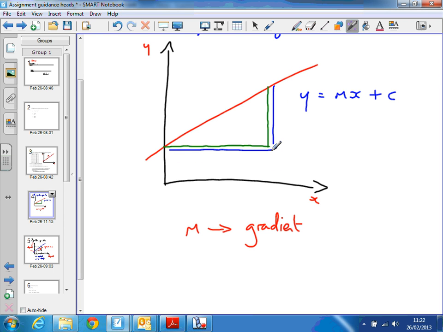They're all similar triangles. So you just pick two convenient points on the line and put in a triangle like this. And the gradient, m, is how far you go up divided by how far you go along, y divided by x. So this is y and this is x.